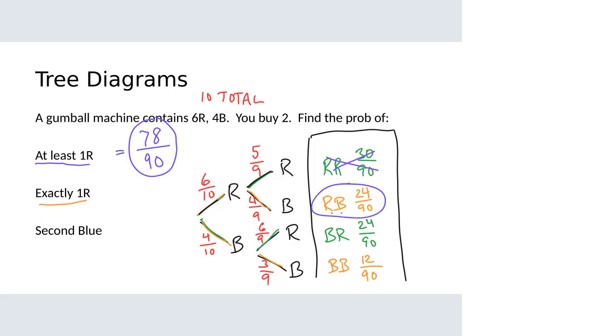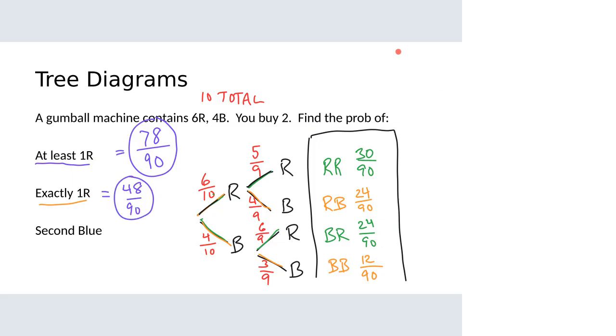Exactly 1 red, yes. 1 blue, 1 red, exactly 1 red. And that doesn't have any reds. So I could get a success this way or this way. And so those are the 2 things I'm going to add together to come up with my probability here. It's just going to be 24 over 90 plus 24 over 90. And when I add those together, that's going to be 48 over 90.